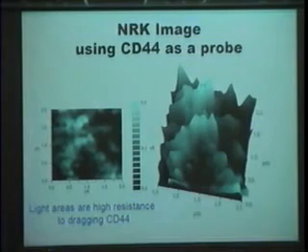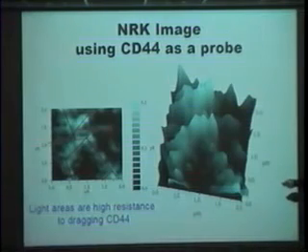So this is the type of imaging we get. This is a 2 by 2 micron square on the NRK cell using CD44 as the probe. The light areas are 0.2 piconewtons of resistance. The black areas are 0 piconewtons of resistance. And we can see areas that are sort of correlated at high resistance and large areas that are of 0 resistance.